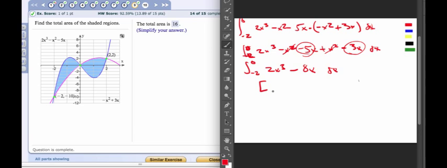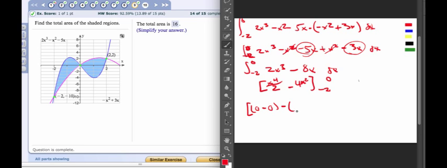Then we can find the integral of this. We have a power of 4, so x to the 4th divided by 4, and we have 2 here, so we can do divided by 2, and then minus x squared over 2, but we have an 8 here, so we can just do 4x squared, from -2 to 0. If we solve this out at 0, we'd get 0 over 2, which is 0, minus 0, because 0 squared times 4 is 0.